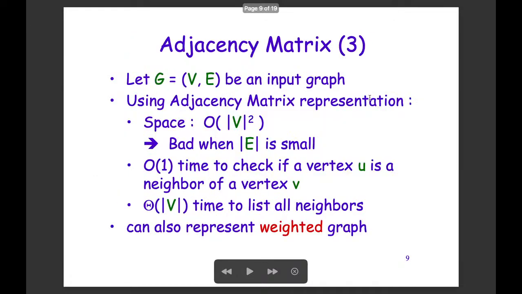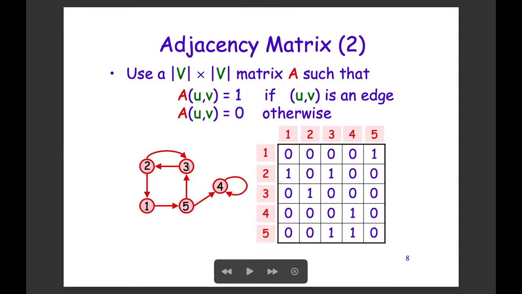So imagine that this represents roads, and this represents cities. If I start from a certain vertex 3, let's say, what are the vertices that I can go to? For instance, in this example, if I start from vertex 4, then I can go nowhere except vertex 4 itself.